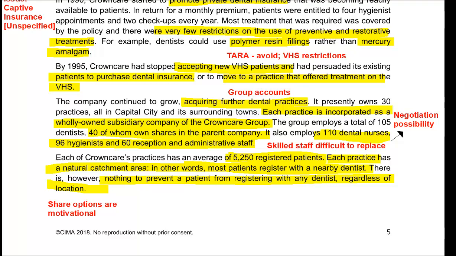But this could be an avenue, or opportunity rather, as part of our SWOT analysis, to gain more patients to our practices without actually acquiring more practices in a raw sense.